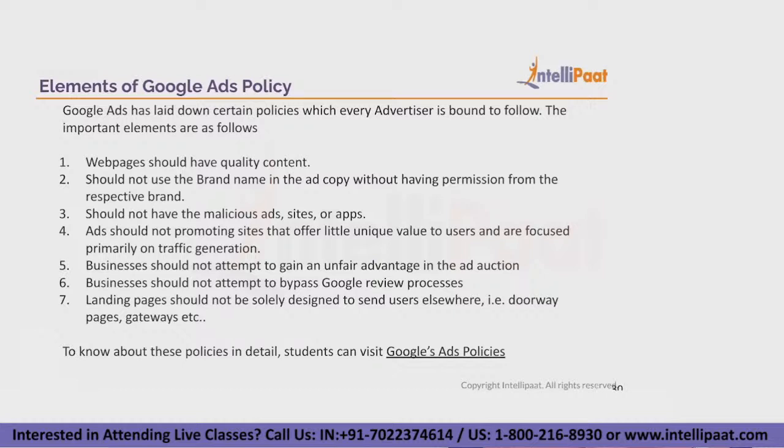One example is, let's say I am Tata Motors, advertising for Tata Motors, and I want to capture people searching on Google for Maruti cars. I cannot write Brezza in my ad, because it would be usage of a competitor's brand name.